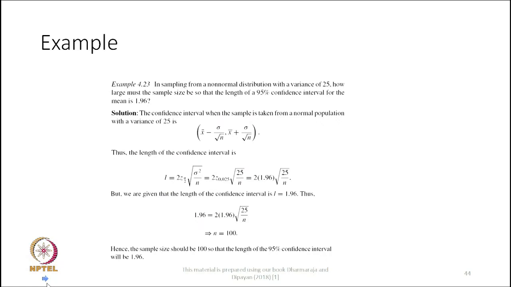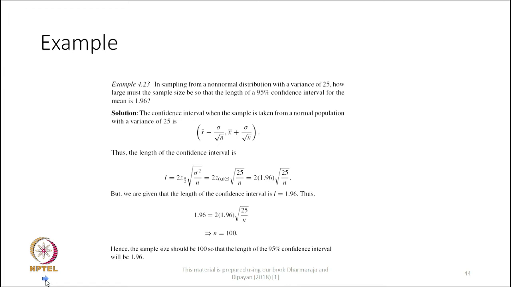Here is a simple problem, see this example. The population follows a non-normal distribution and you know the variance, and the question is how large must the sample size be so that the length of the 95% confidence interval for the mean is 1.96. So, it is not a given sample size for which you find the confidence interval.